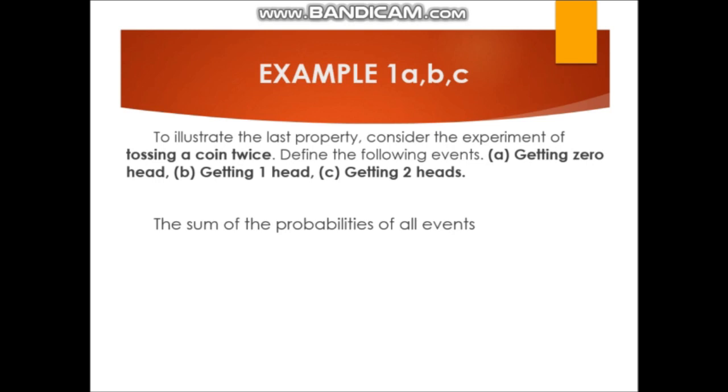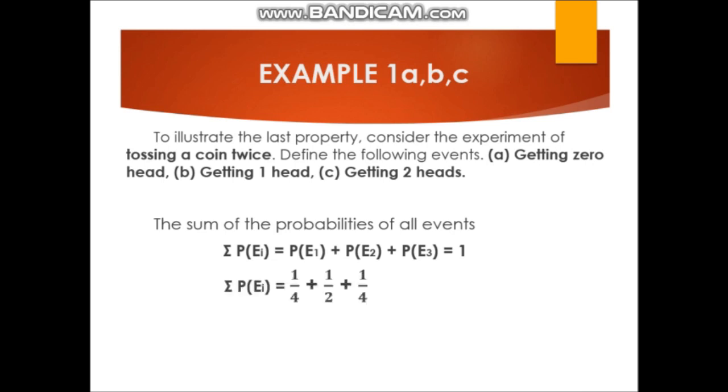So to apply the concept of property number 4, we have the summation of probability of an event is equal to the probability of event 1, which is 1/4, plus the probability of event 2, which is 1/2, plus the probability of event 3, which is 1/4. So therefore, 1/4 plus 1/2 plus 1/4 is equivalent to 1. So therefore, our answer is correct.